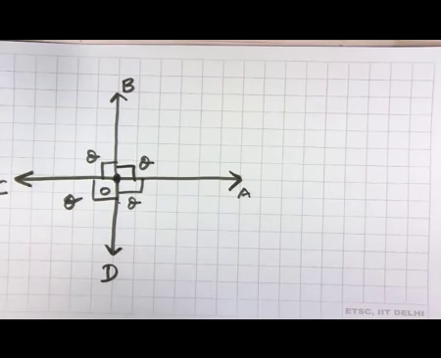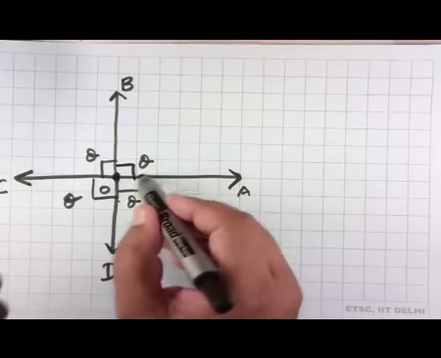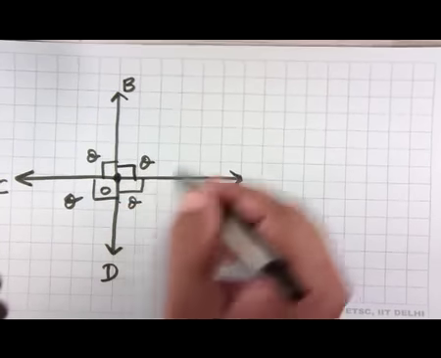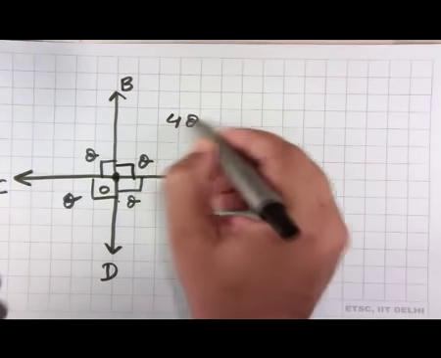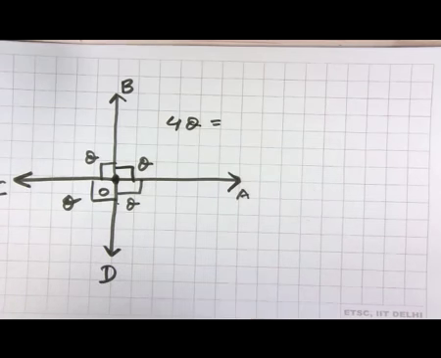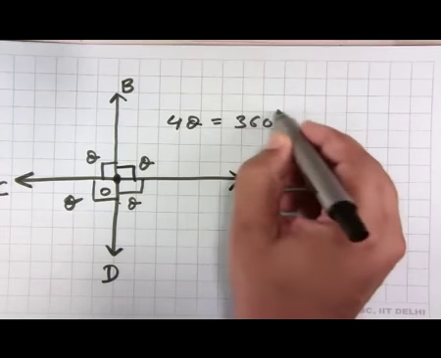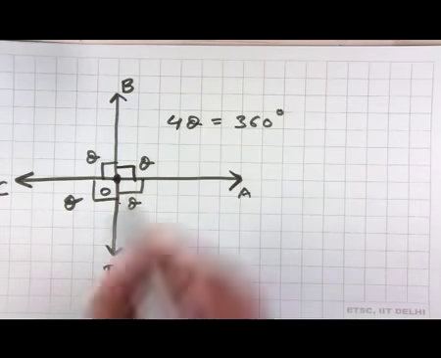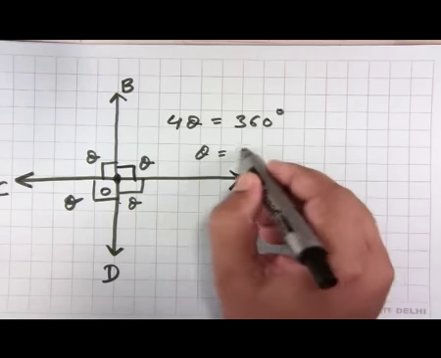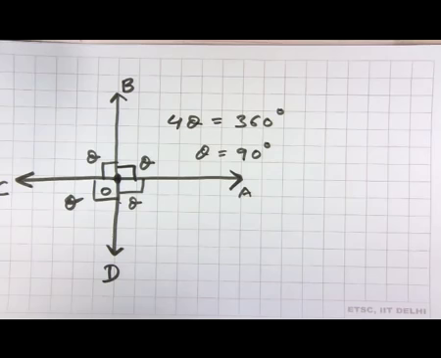But then what we see is that 4 times theta is exactly equal to 1 complete revolution, which we have seen on the last page should be equal to 360 degrees, and therefore, this angle theta is 1/4 of 360, which is 90 degrees.